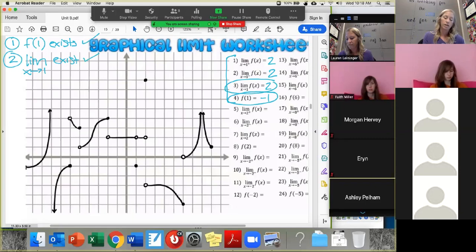Number 3 is that the limit as x approaches 1 must equal f of 1. Is that condition met? No. How do we know that? Because we are looking at those 2 numbers. Are they the same?